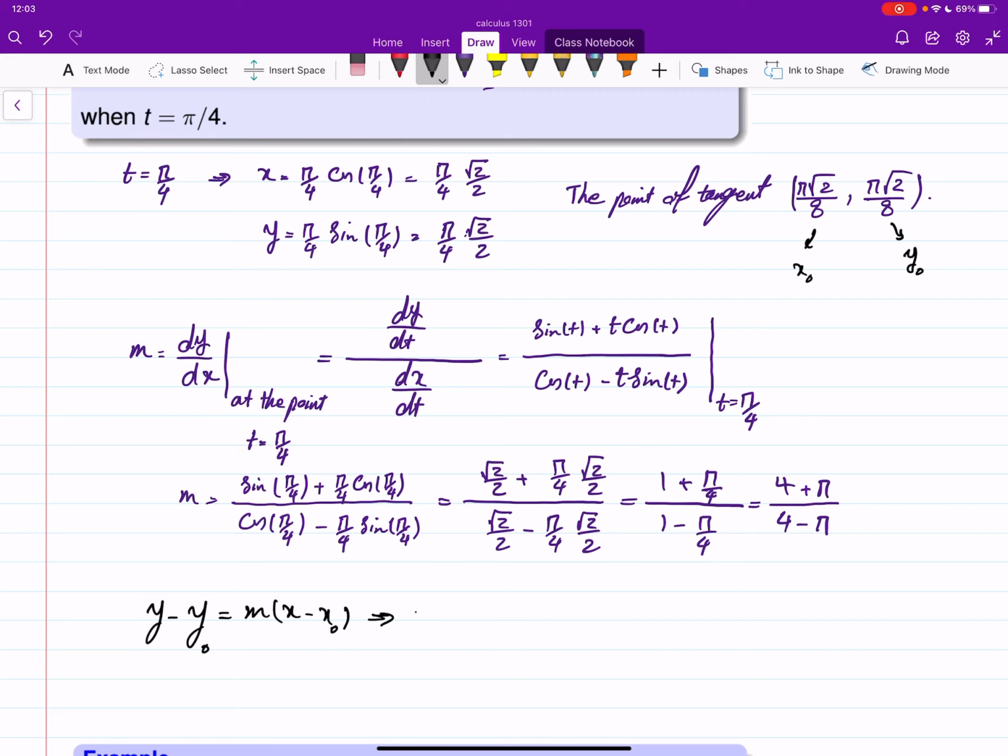So that will imply y minus pi root 2 over 8 equals (4 plus pi) over (4 minus pi) times x minus pi root 2 over 8. I can simplify that, but I don't see any point here to simplify. That is an equation for a line, and that's our tangent line.